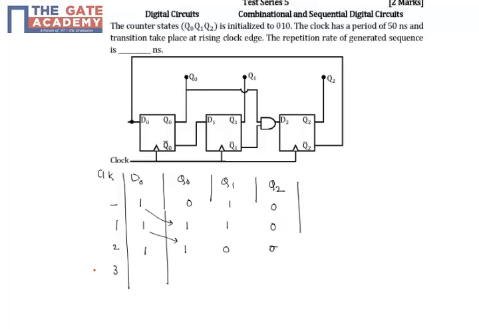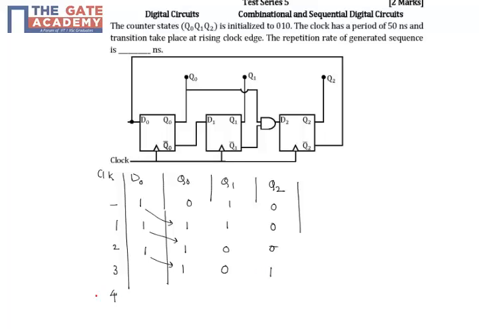So third clock pulse, this one will shift to here. Q1 is nothing but Q naught bar. So Q naught is 1, its complement is 0, and Q2 which is AND of Q naught and Q1 bar. So Q naught is 1, Q1 bar is also 1. So this is 1.